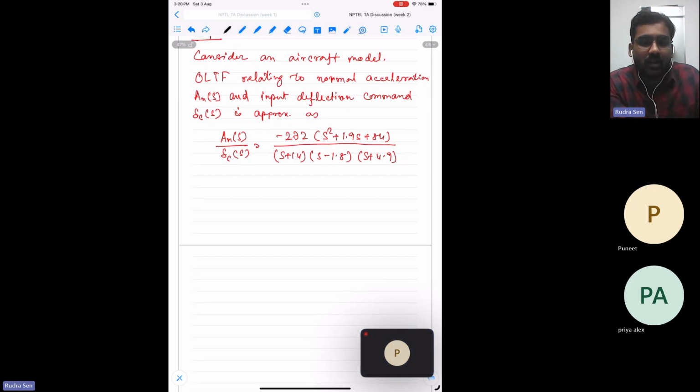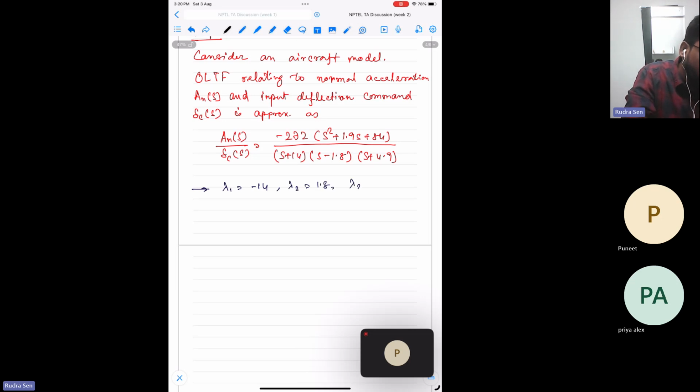So first of all, here you are already given the roots of the denominator, so you do not need to find the roots of the denominator separately. So all the roots here: lambda 1 is minus 14, lambda 2 is 1.8, and lambda 3 is minus 4.9.